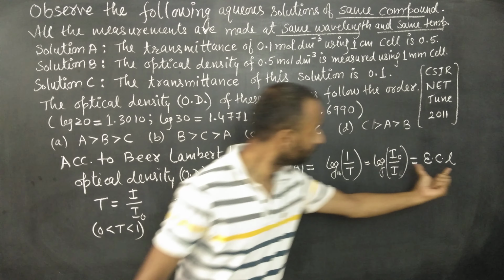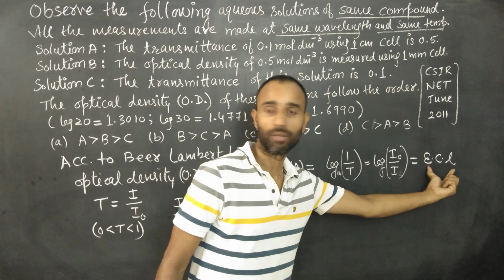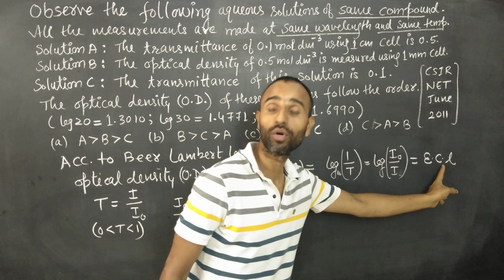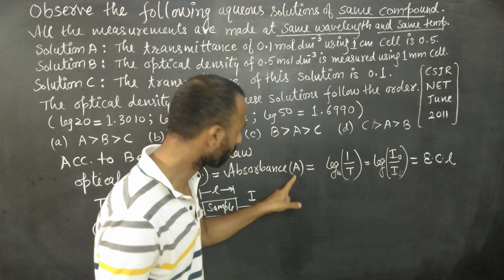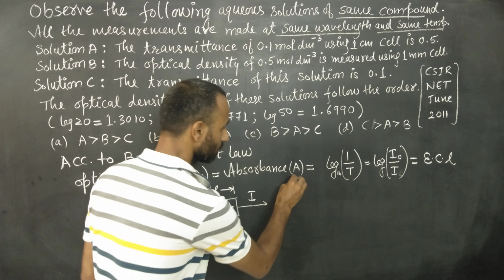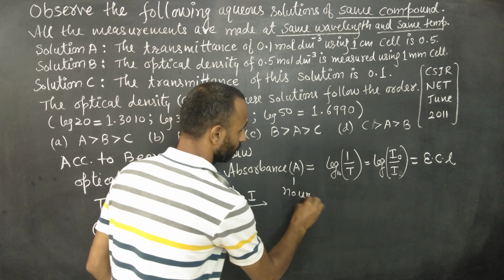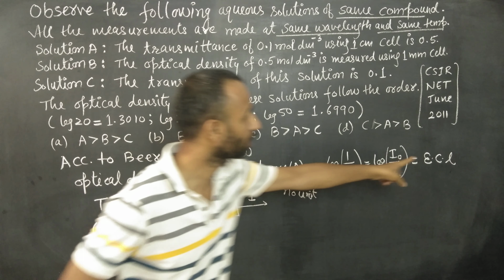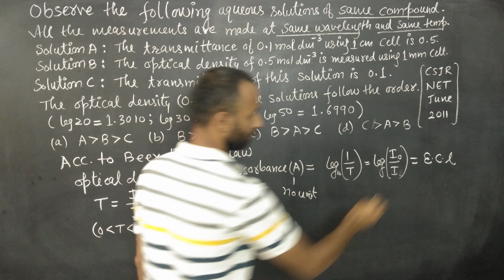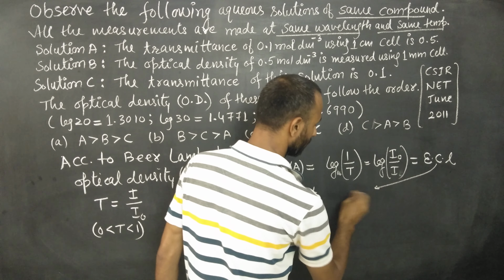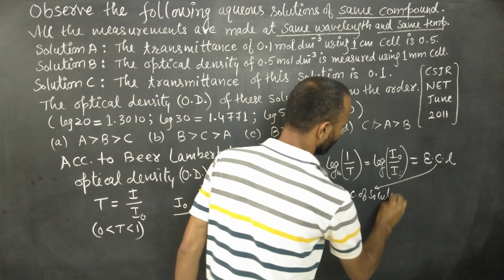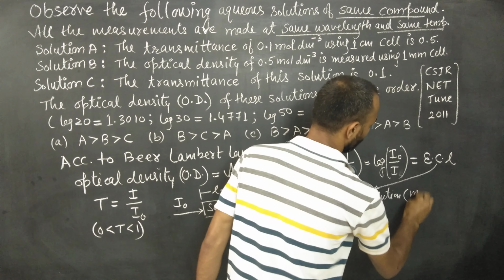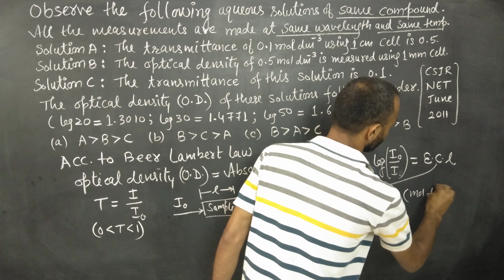Now see, this term is very important as far as units are concerned. Absorbance has no unit. C is the concentration of the solution, and its unit is mole per decimeter cube.